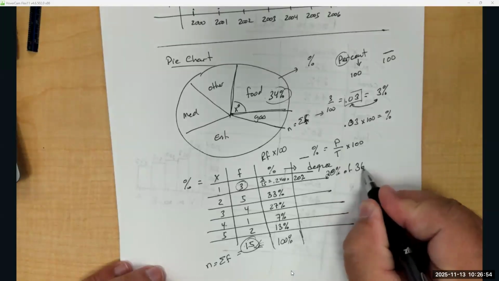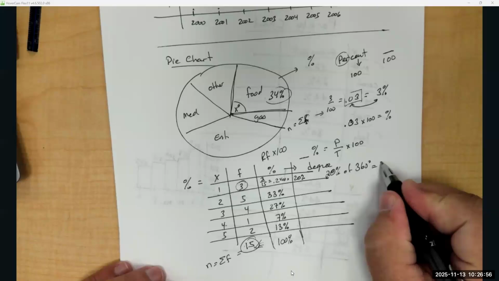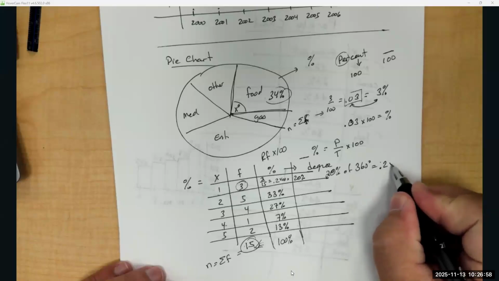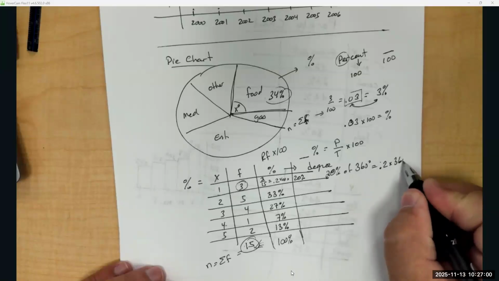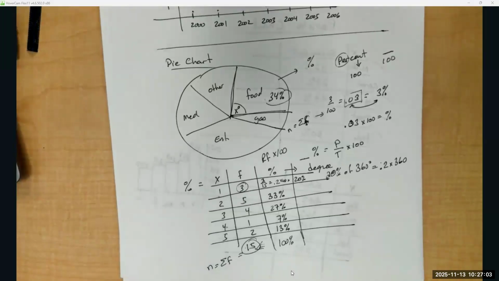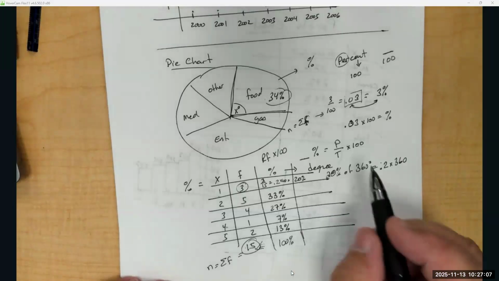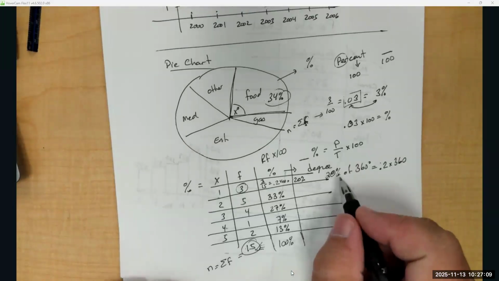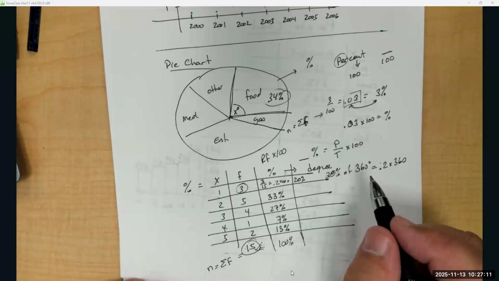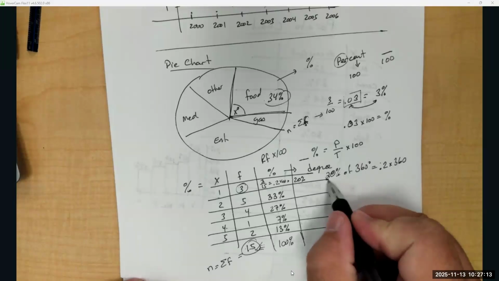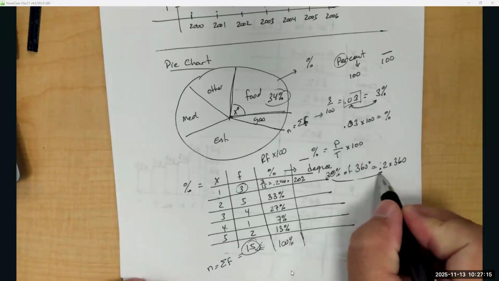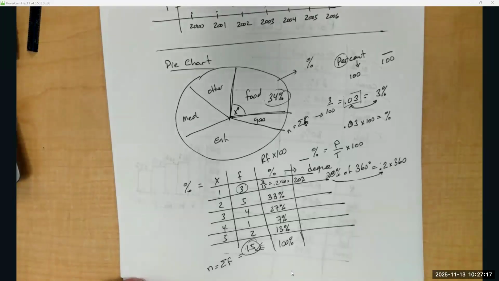So 20% of 360 degrees equals 0.2 times 360. Because you can't do calculations with percent symbols. You have to convert this back to decimals and then multiply by 360.